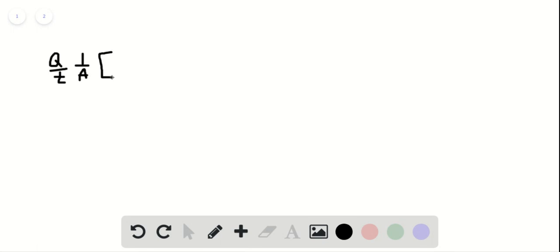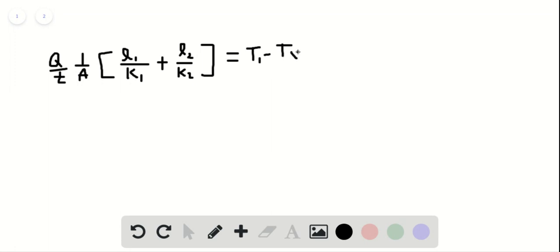And then multiply that by L1 over K1 plus L2 over K2 is equal to T1 minus Tx plus Tx minus T2.